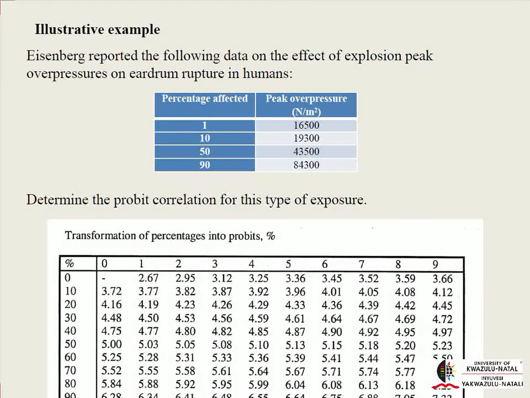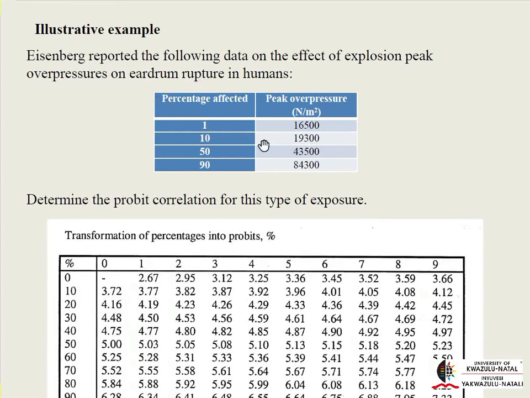Now this type of analysis can be conducted not only on chemical toxins, but also on various types of studies. So even something like overpressure and its effect on eardrum rupture in humans. Let's say, for example, someone conducted a study of peak overpressure, which can affect essentially 1% of human eardrums.